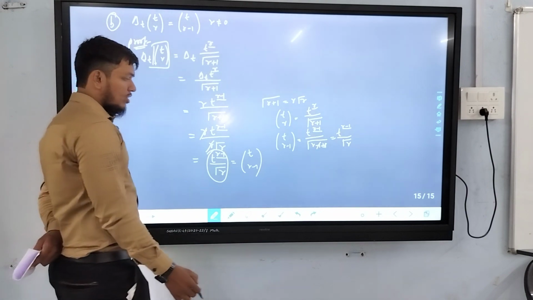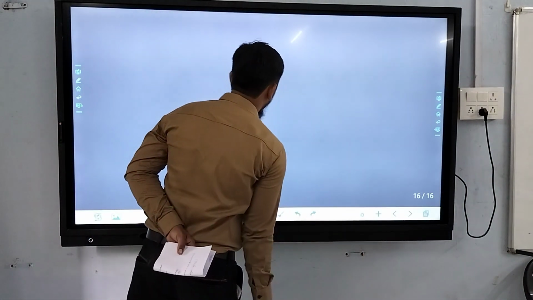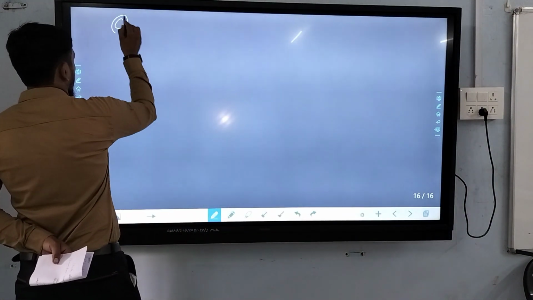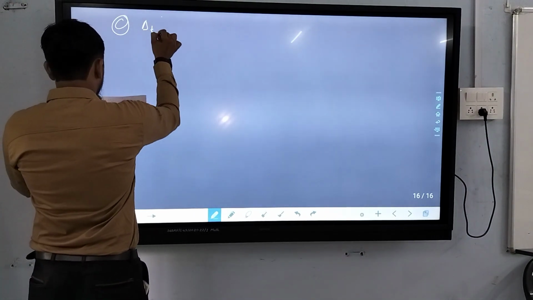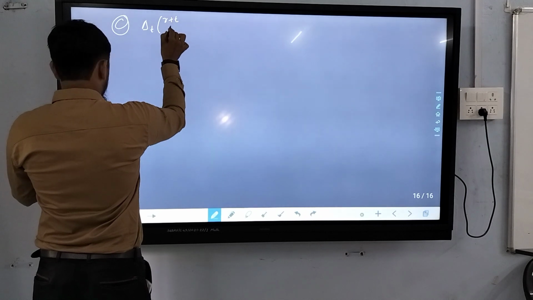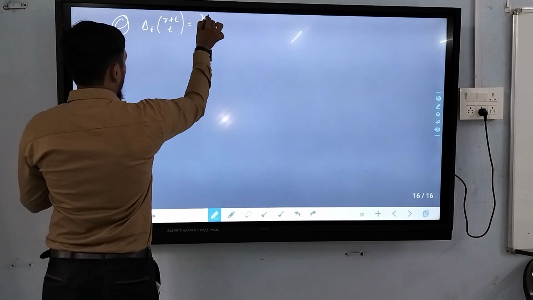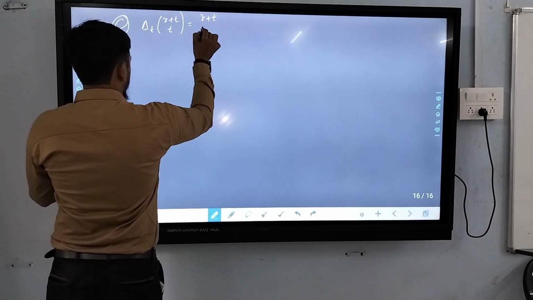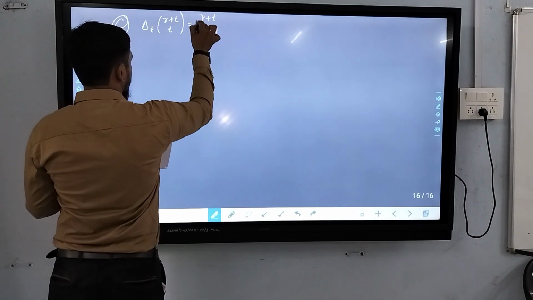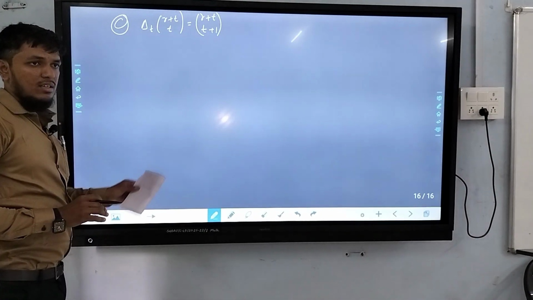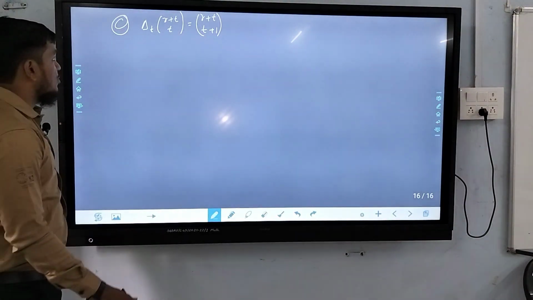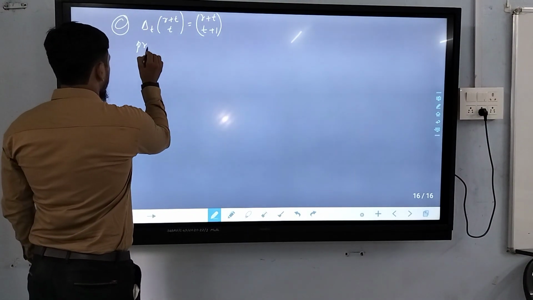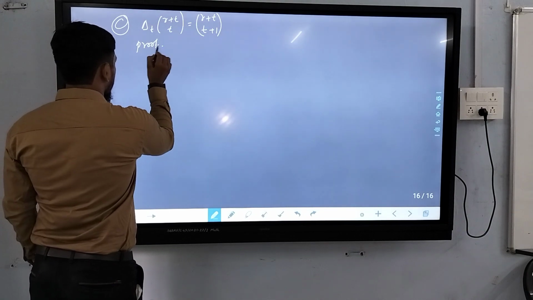Now the next and last part of the theorem. We have to show that delta of r plus t C t is equal to r plus t C t plus 1. We have to prove this one. So see how to prove it. Firstly, use the definition of the difference operator.